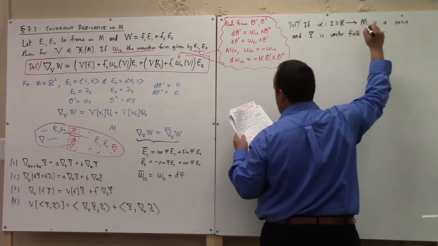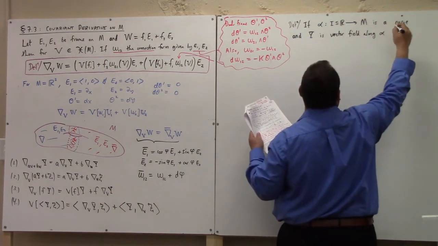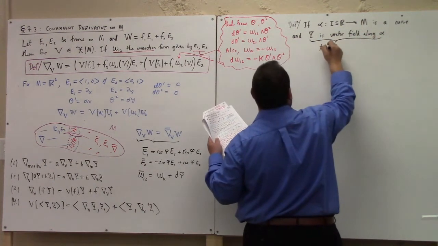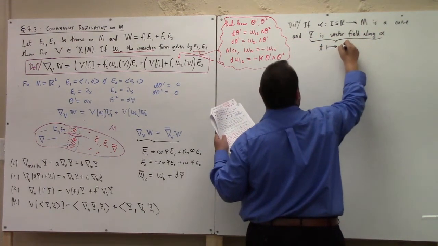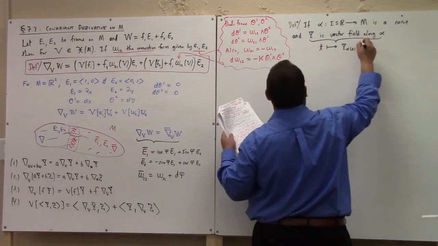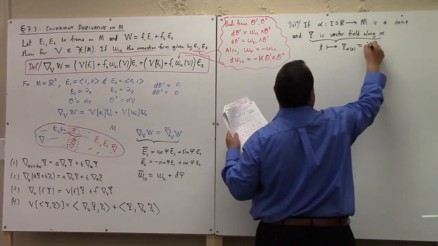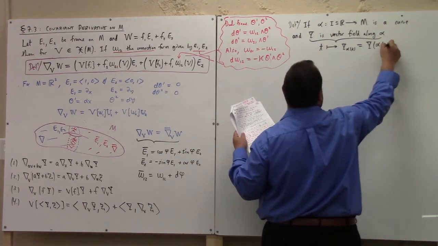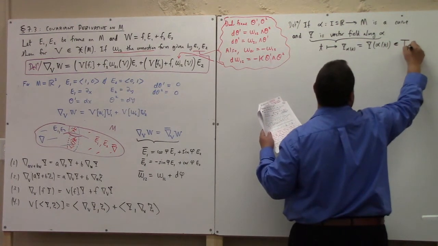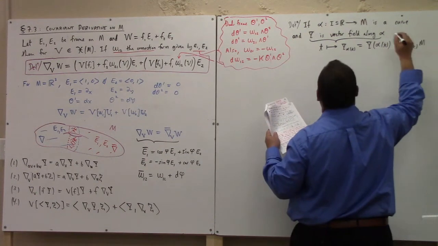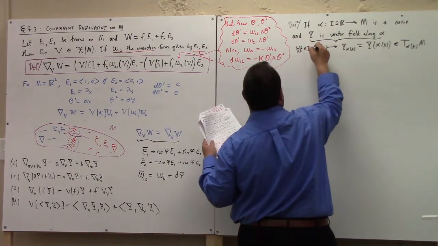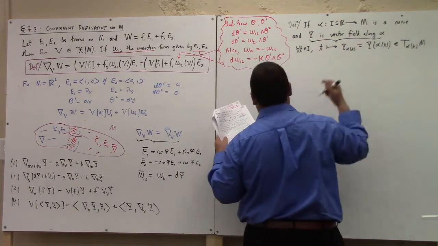And that means this language right here, this means that the mapping t to Y of alpha of t is an element of the tangent space at alpha of t of M for all t in the interval. All right, that's what we mean by vector field along alpha.